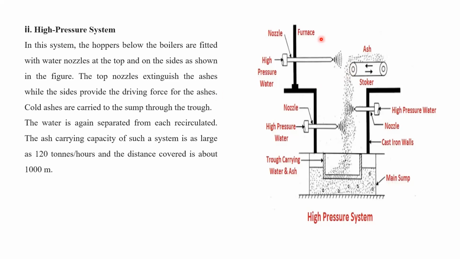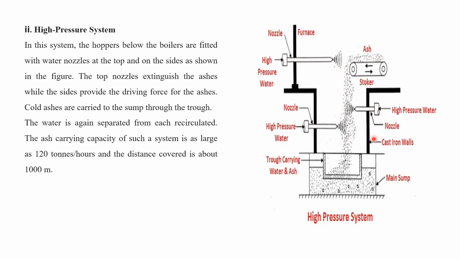In this high pressure system, again the figure itself clearly shows. This is the furnace. The ash is collected at the grate, the bottom side, which is the stoker, and then it is falling down. While falling down, a high pressure water nozzle is placed here, so that it flows down. Then while flowing, there are again high pressure water hydroejectors placed in the bottom ash system.